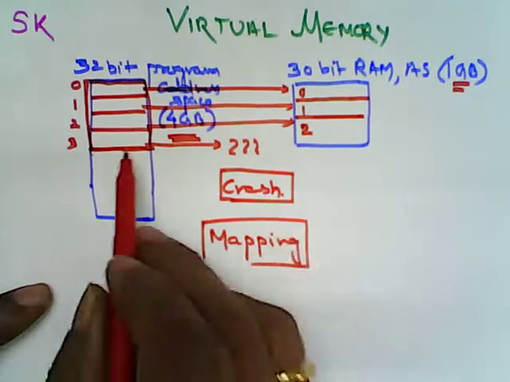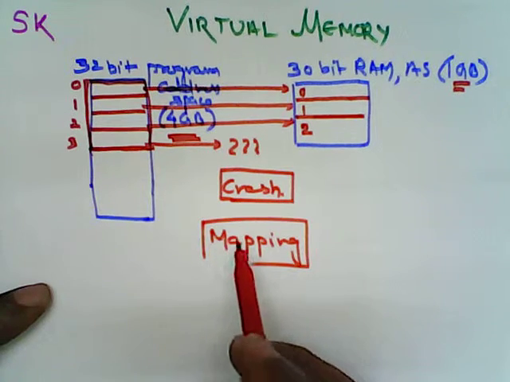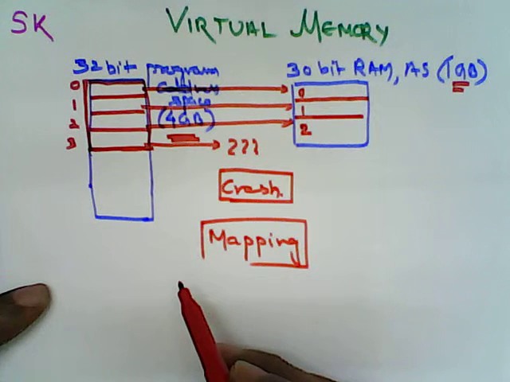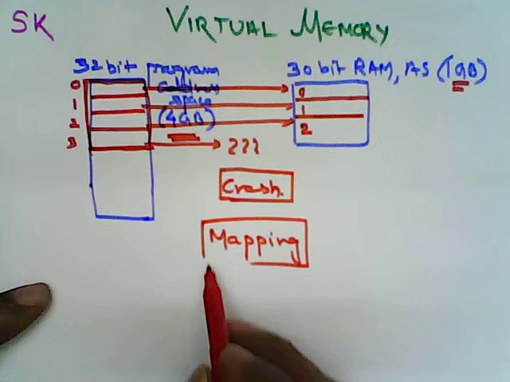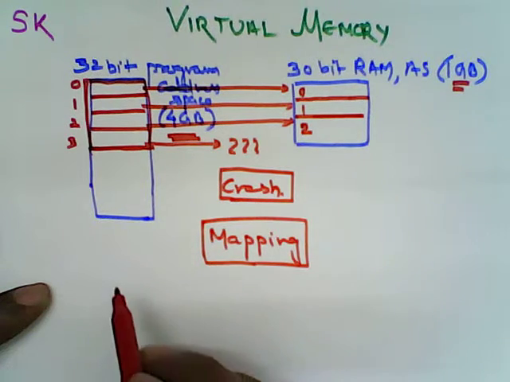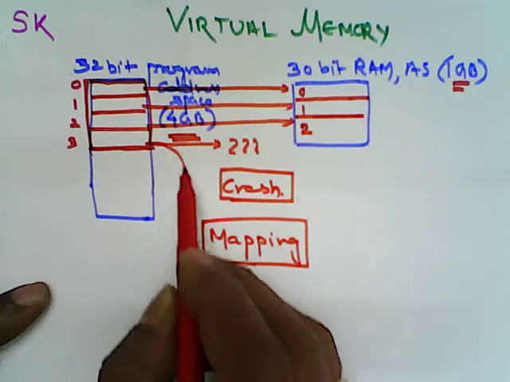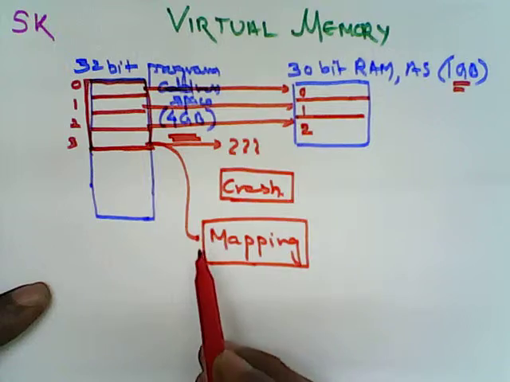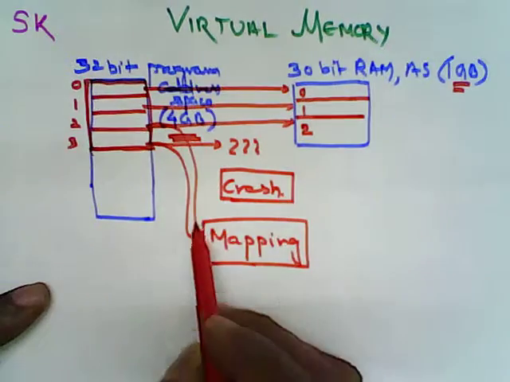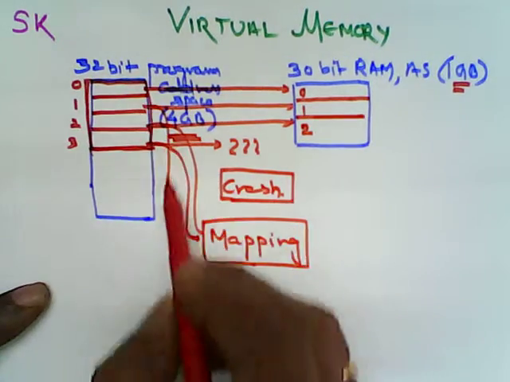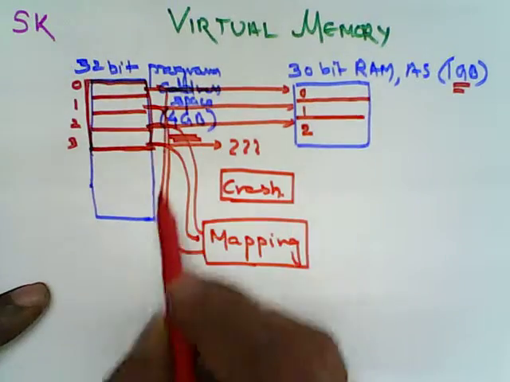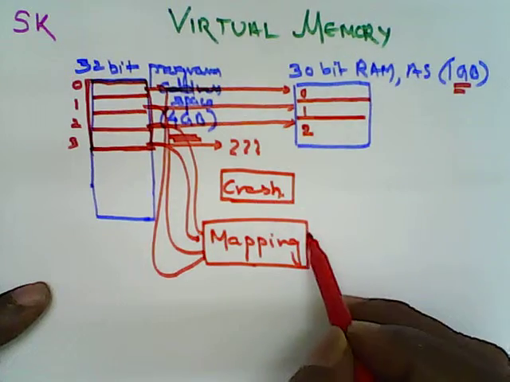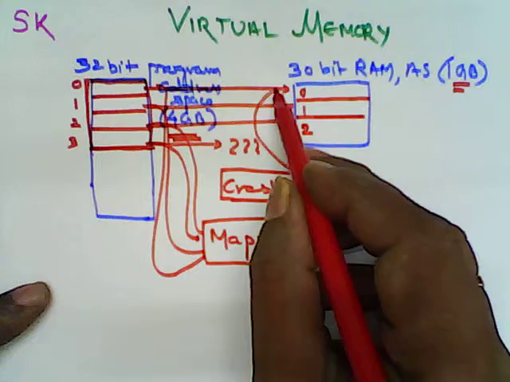But if this mapping is done, the third will come to the mapping, 2 will come to the mapping the same way, 1 will come to the mapping, 0 will also come to the mapping. Through this mapping only it will go to the RAM.